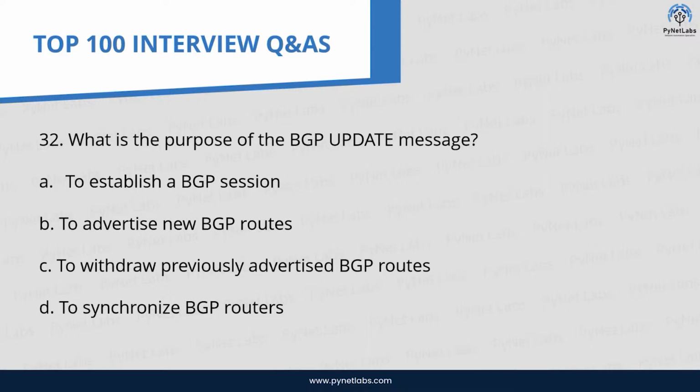It sends an update to the neighbor routers informing them of a change in the network topology, or if anything new comes up, then this update message is generated. So the correct answer for this question is option B.